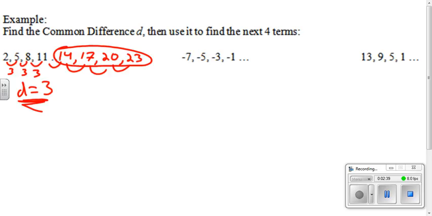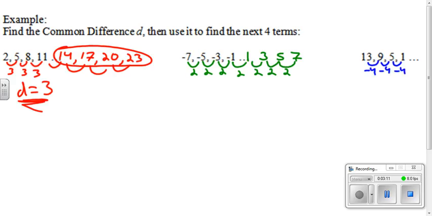In this case, we're starting with negative numbers, but each time we're counting by the same amount. We're going 2 up each time. So going 2 up from negative 1 would be 1, another 2 would be 3, then 5, then 7, because each time we're counting by 2. And in this last case, 13 to 9 is negative 4, 9 to 5 is another negative 4, 5 to 1 is another negative 4.